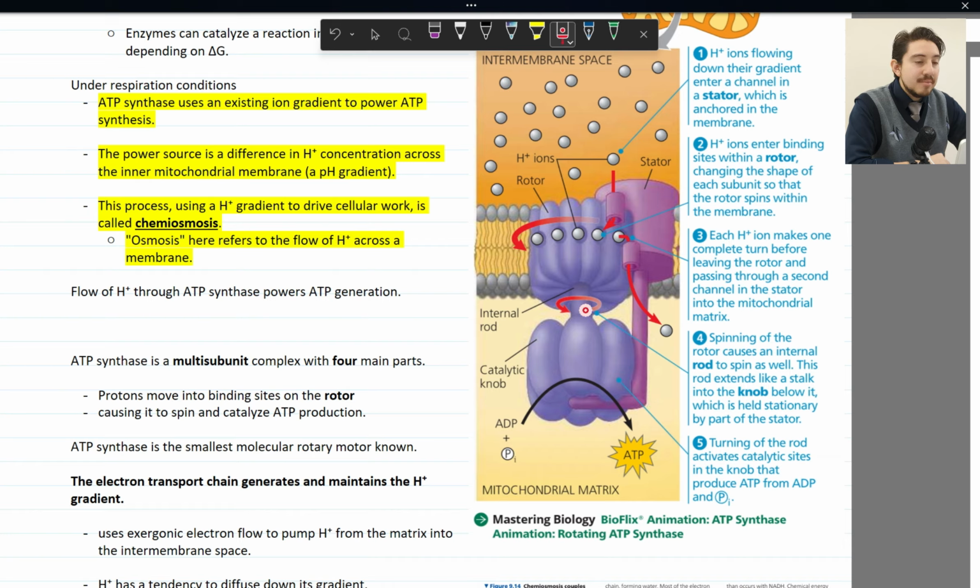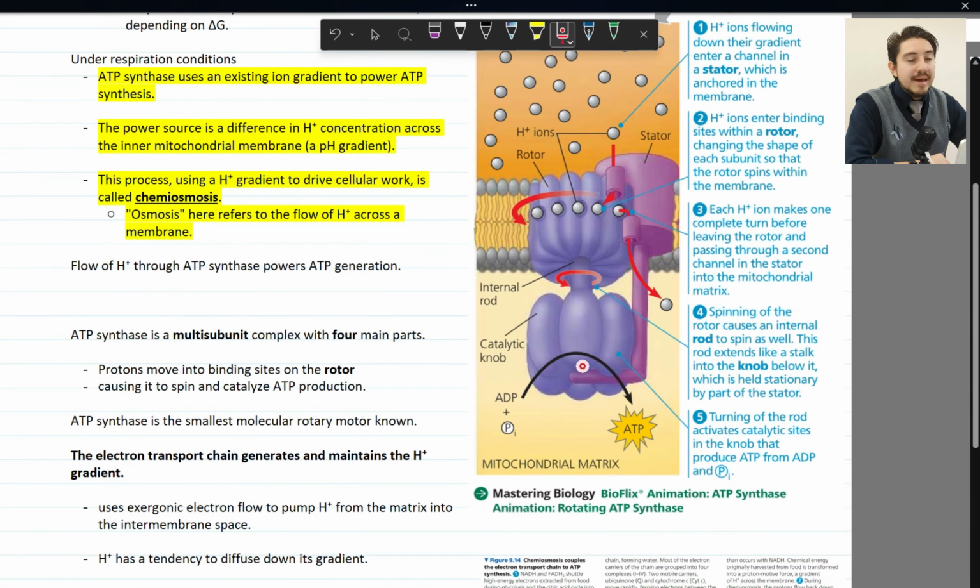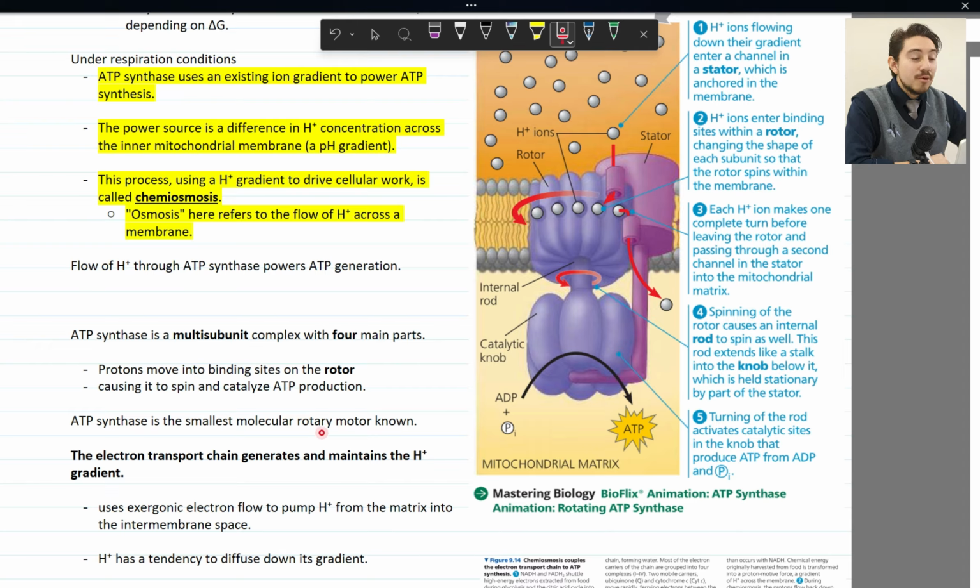And that spin, that mechanical movement, will help catalyze this ATP production that you see here. ATP synthase is the smallest molecular rotary motor known in nature. That's quite fascinating, that we can see this type of mechanics occurring at such a molecular scale.